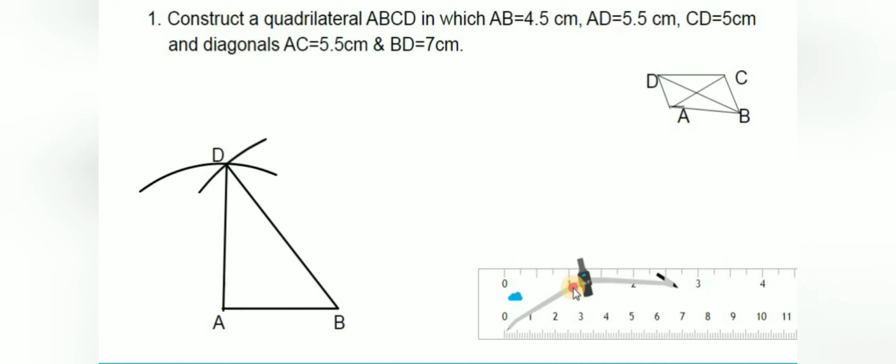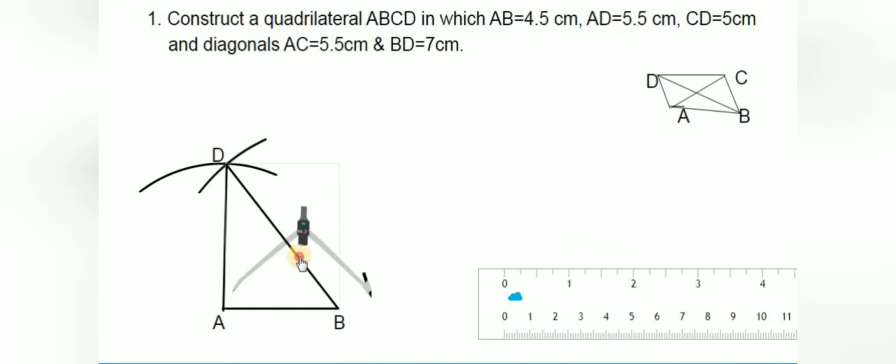After that, draw diagonal AC, that is 5.5 centimeter. Take the measurement here, 5.5 centimeter as diagonal of this quadrilateral.